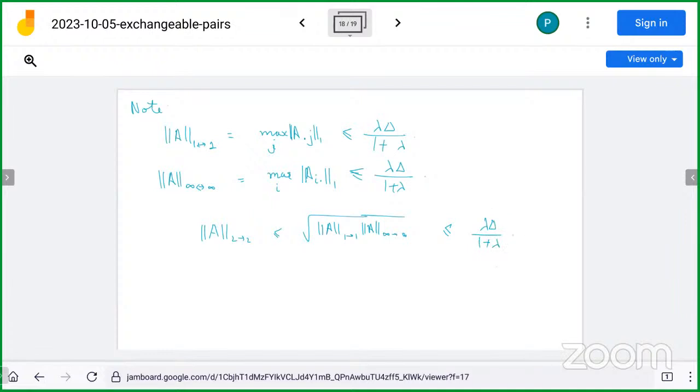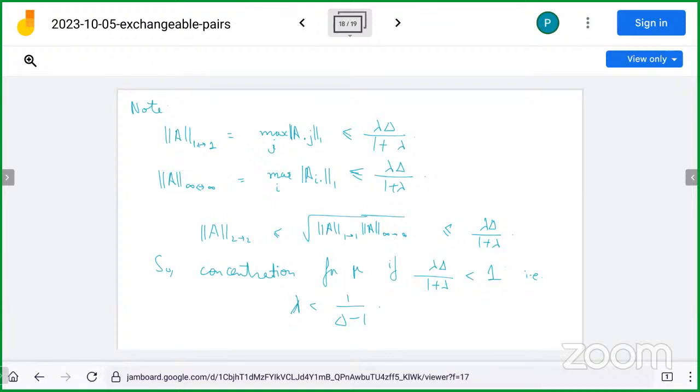And if this is strictly less than 1, then we get concentration for mu, if lambda is less than that. Right. And okay, what was the other thing?